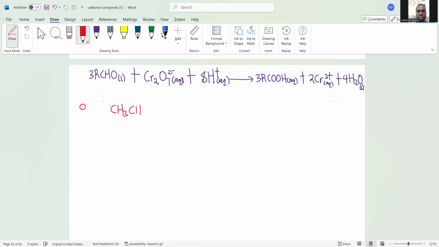Propanol is taken to propanoic acid. This is not propanoic acid, this is ethanoic acid. Propanoic acid is CH3CH2COOH.